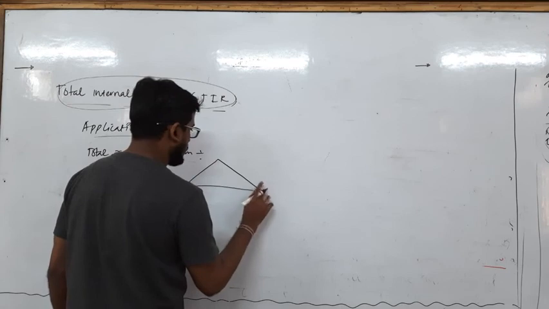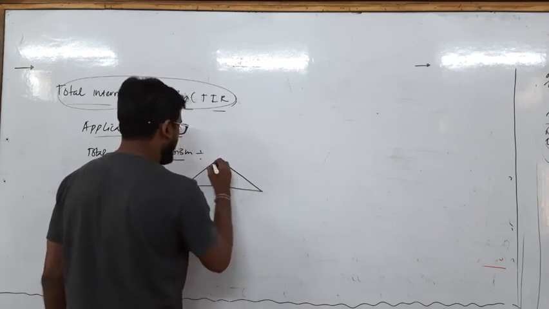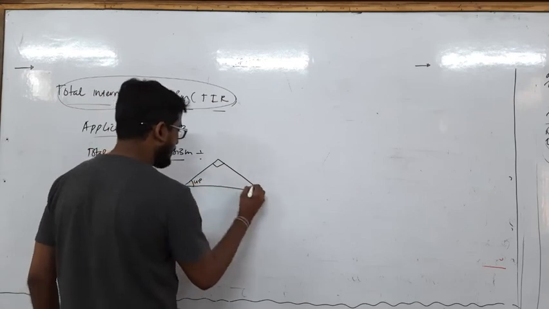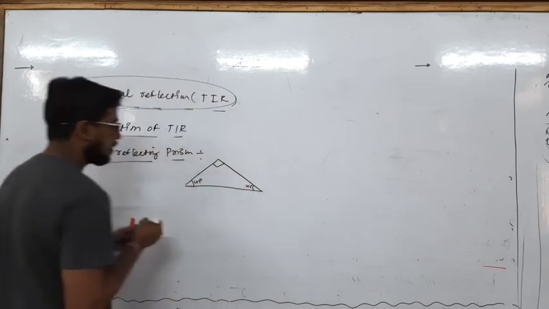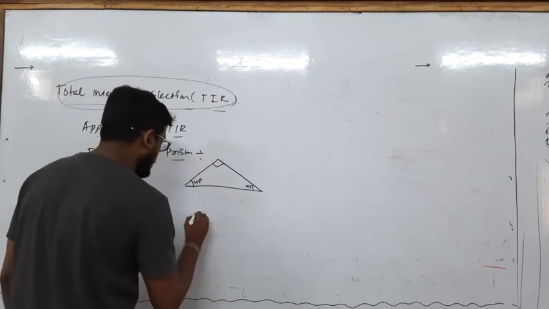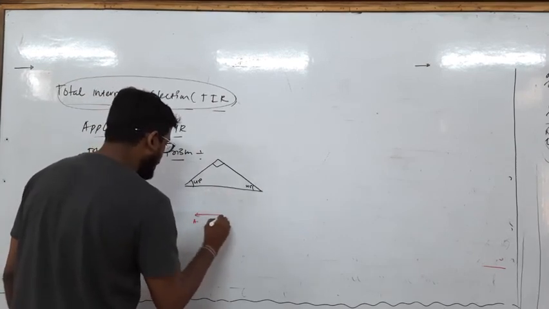If this is an isosceles right angle prism, this will be 90 degrees and these two angles are 45 degrees. Clear?